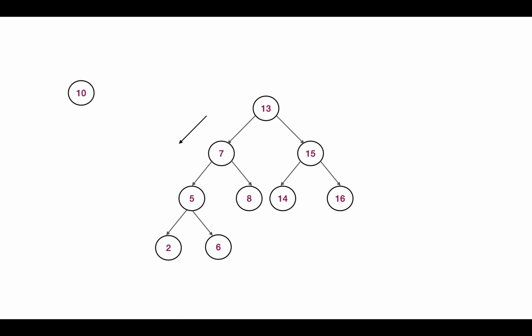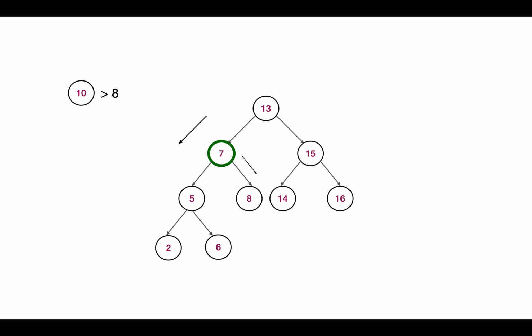So we need to recurse in left to find the correct place. While going recursively in left, first we reach 7. 7 is smaller than 10, so all the nodes left of it will be smaller than 10 as well. That's why this time we recurse in right of 7.